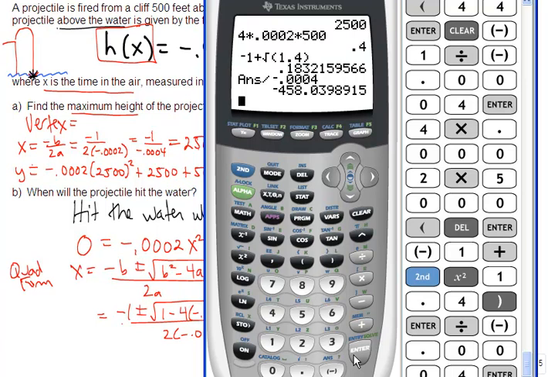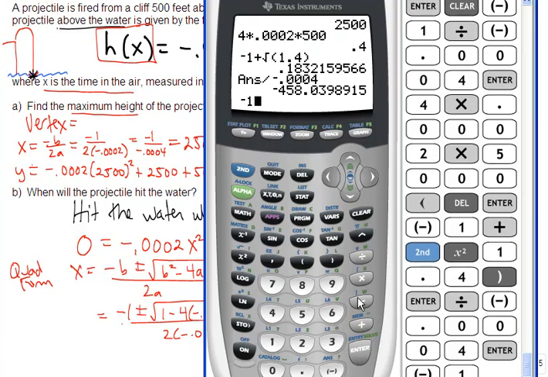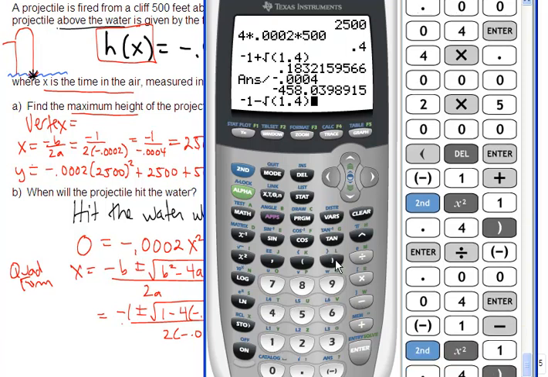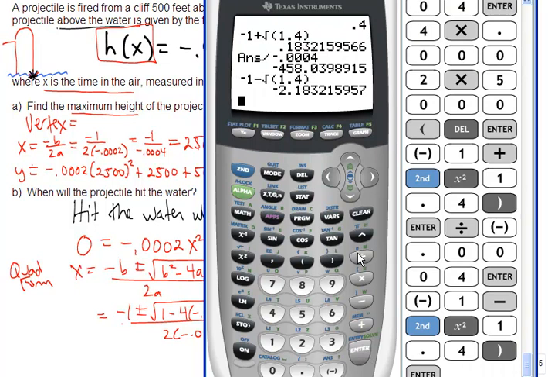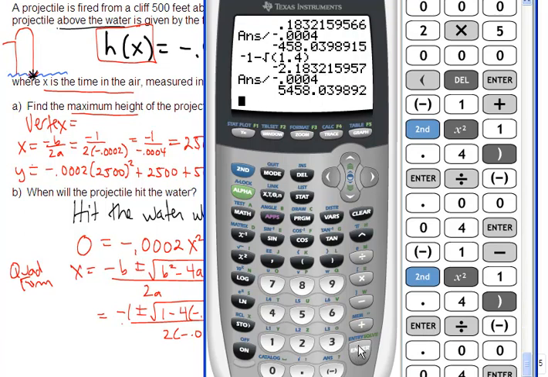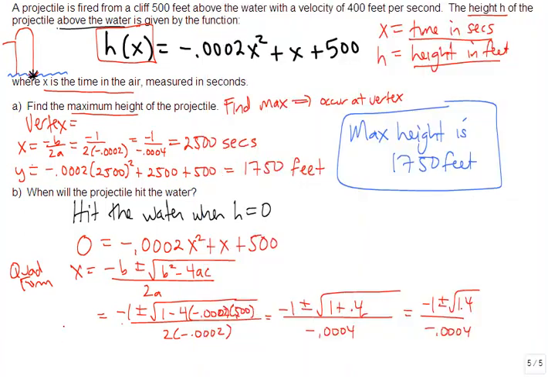So we can disregard the plus case. Let's try the minus case. So negative 1 minus square root of 1.4, get an answer, and then divide that by negative 0.0004, and we get 5458.